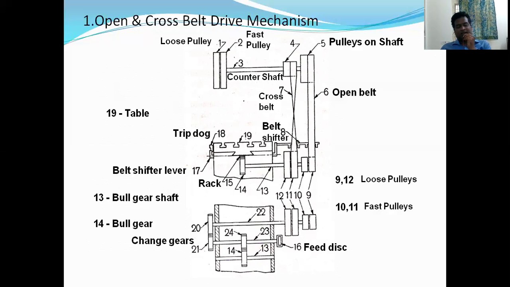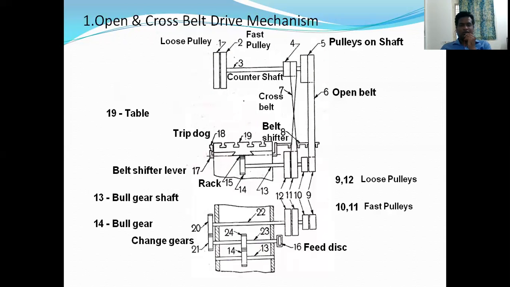With this rack and pinion arrangement, the table is moving. Sixteen is the feed disc, seventeen is the belt shift lever, eighteen is the trip dog, and nineteen is the table, which has T slots.